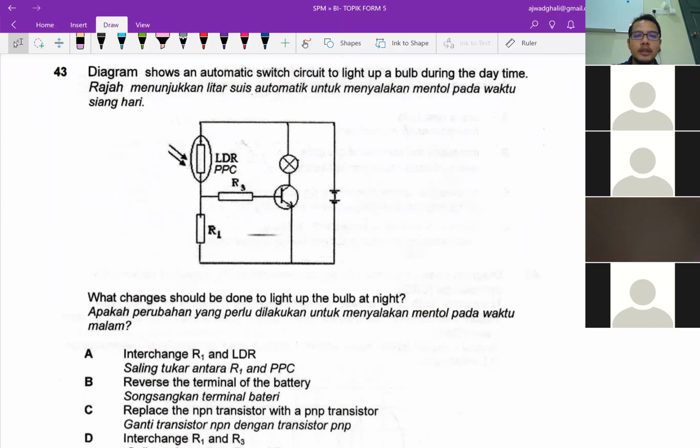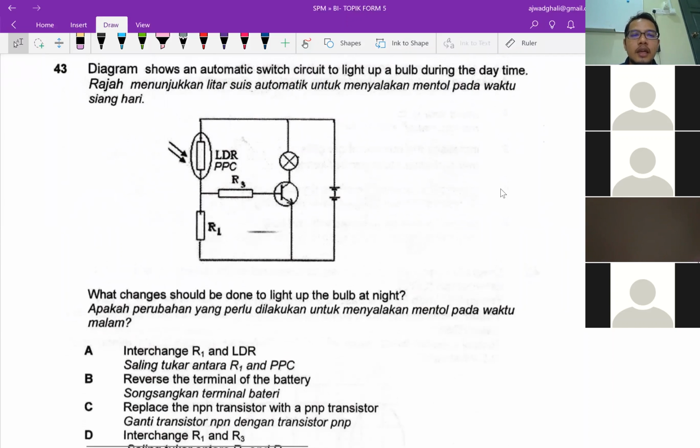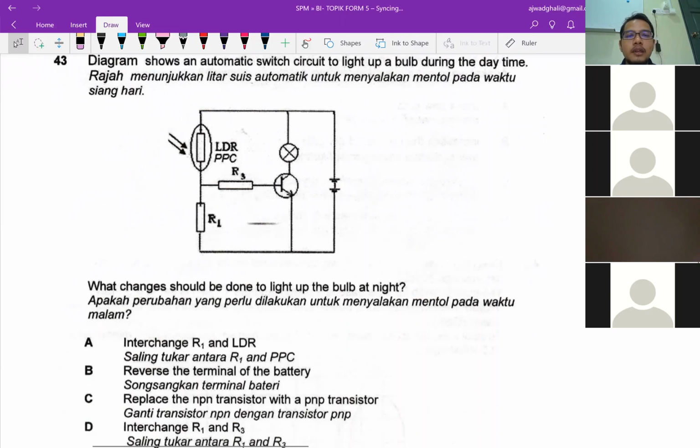Like this question, it tells you that the diagram shows an automatic switch circuit to light up a bulb during the daytime. So it's during the day, and you see, during the day, because the LDR is at the top.